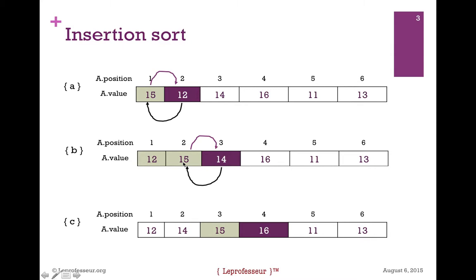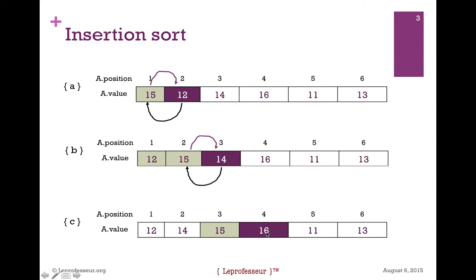Now we move to step 3. We see our array would look like this: 12, 14, 15, 16, 11, 13. And now we take the number stored at position number 4, because we have already executed these steps up to position number 3.